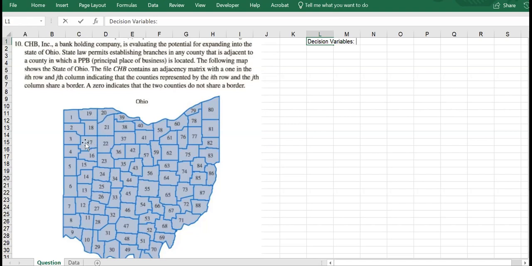So all these neighbor counties plus itself can be covered by this bank, CHB bank, right? That's what we want to know.